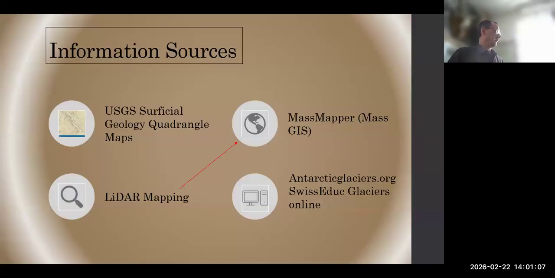We'll be looking at LiDAR maps, and I'll just let you know that those can be accessed via the Mass Mapper website too. So that's where a lot of this is going to come from. We have our own internal GIS, but a lot of what I'm going to show today comes from Mass Mapper. And then finally, two really excellent websites, antarcticglaciers.org and Swiss Education Glaciers Online, where most of these really excellent contemporary photos are coming from.